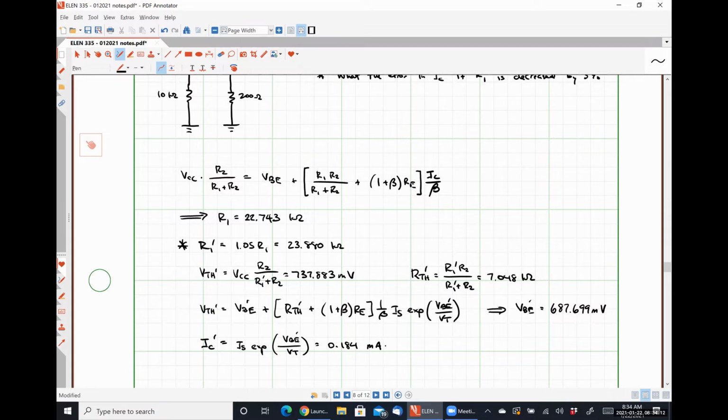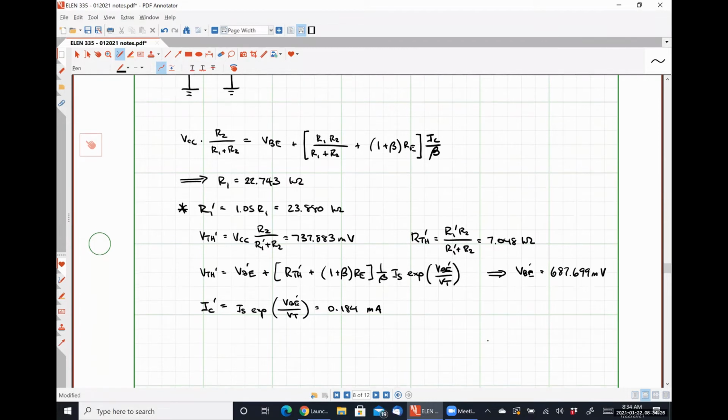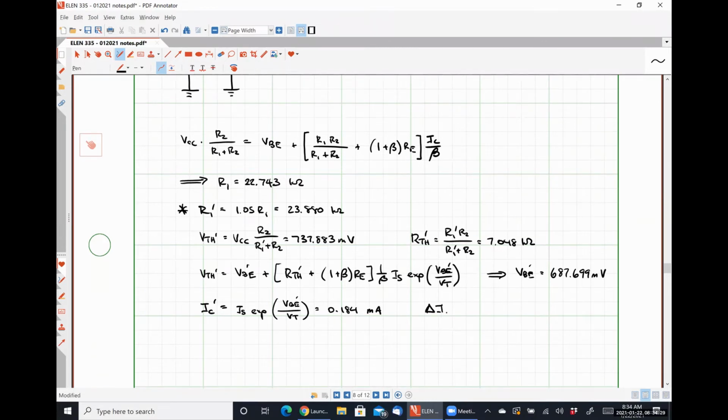Increasing that resistor value by 5% caused our collector current to drop from 0.25 milliamps to 0.184 milliamps. So the change in IC, which I'll define as follows: IC prime minus IC over IC times 100. We had a change of negative 26.331%.